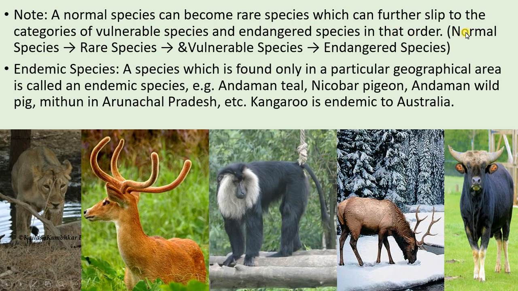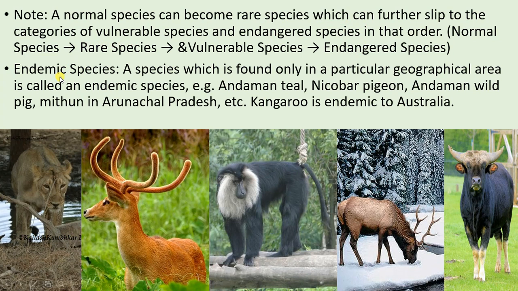So there is an order: a normal species may slip to the rare species category, a rare species may slip to the vulnerable species category, and a vulnerable species may slip to the endangered species category and afterward may become extinct from the region, the country, or the Earth, if proper measures are not taken for such species of plants and animals.